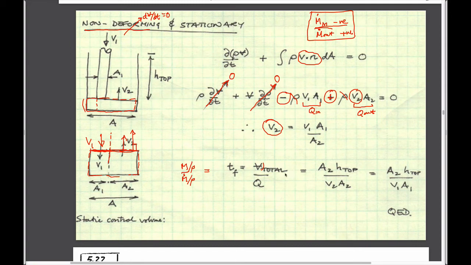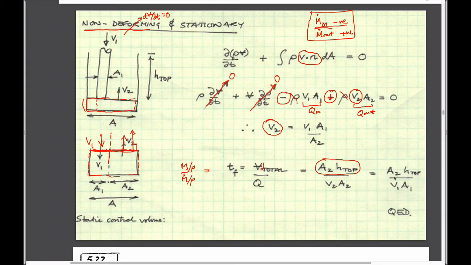Okay. And if we do that, the total volume is going to be equal to this area A2 times the height. It has to fill up. And we know that it's going into that volume at a rate of V2 multiplied by its area. So V2 times the area is the rate at which it goes in.